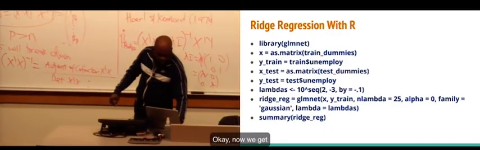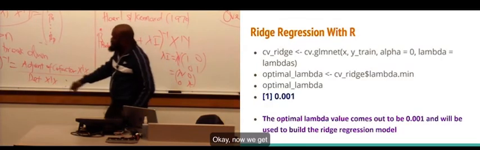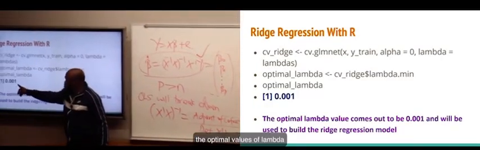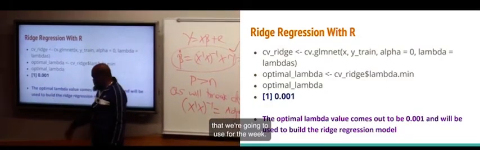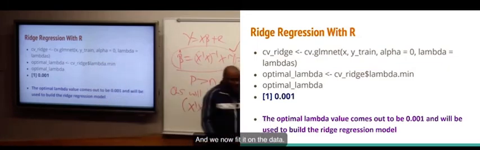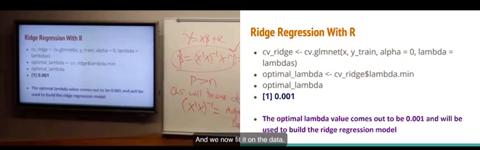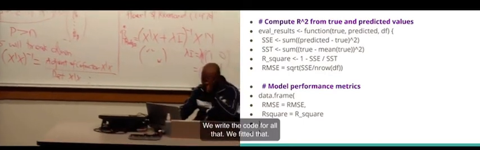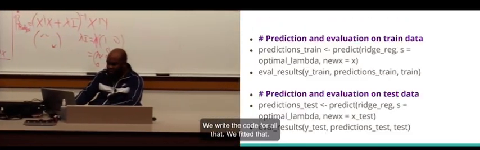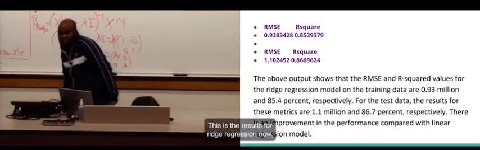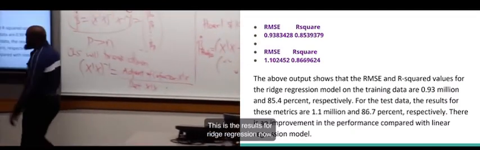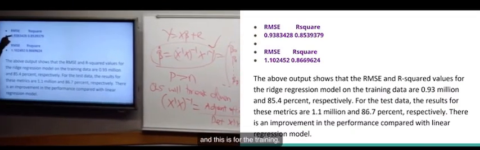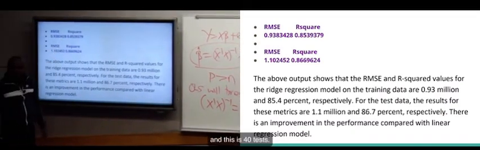Now, in the end, we get the optimal value of lambda that we're going to use for the ridge, and we now fit it on the data. We write the code for all that and fit it. This is the result for ridge regression now. The root mean square error: this and this is for the training, and this is for the test.